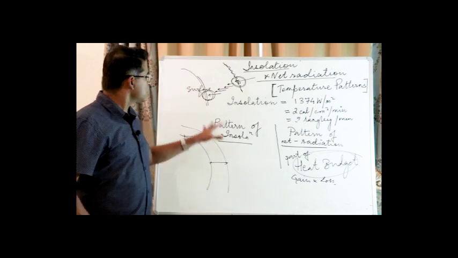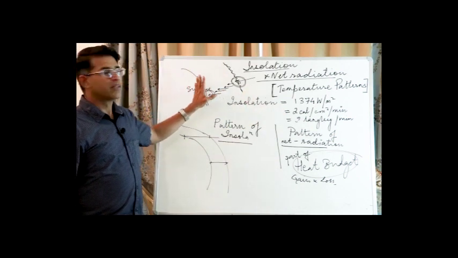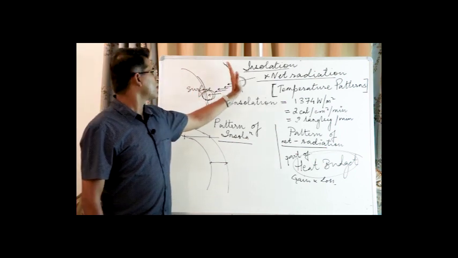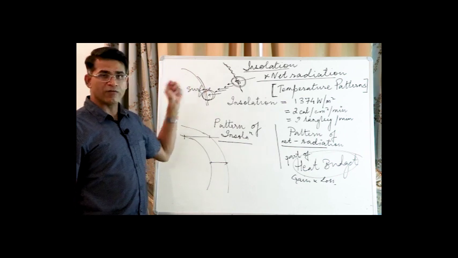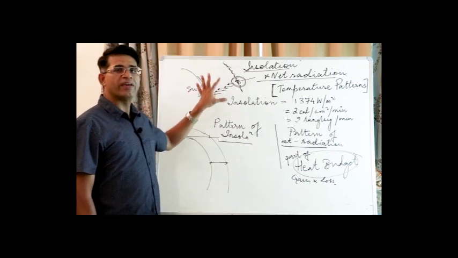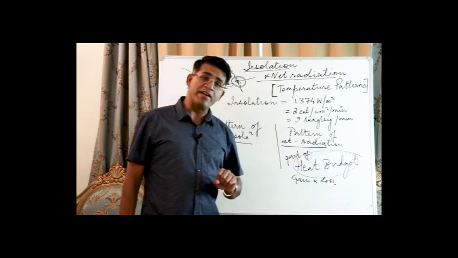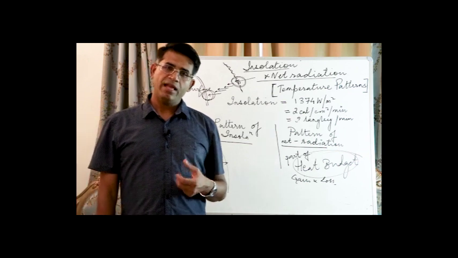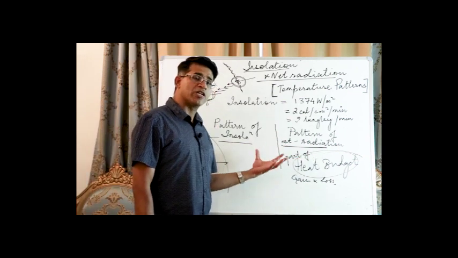Okay. So I've discussed something around insolation: what is insolation, the variations of insolation on the outer atmosphere and the surface, how this pattern varies at different latitudes, and what are the factors why we have the variations. The next is the concept of net radiation. Now, in net radiation, I don't talk about insolation alone.